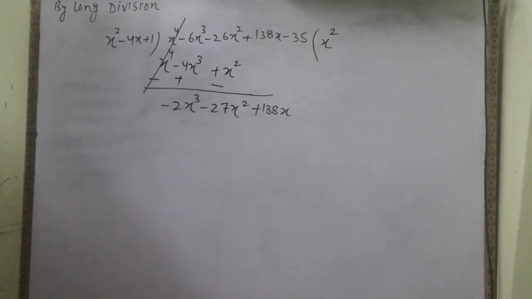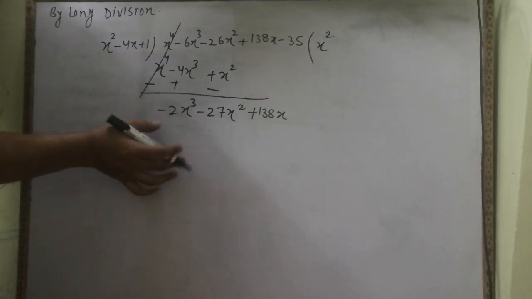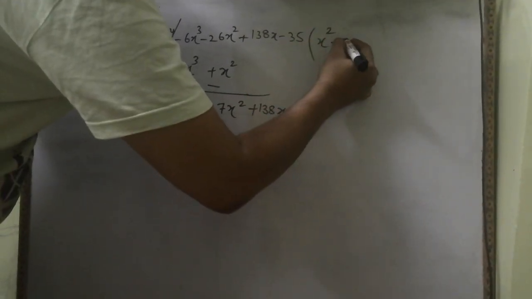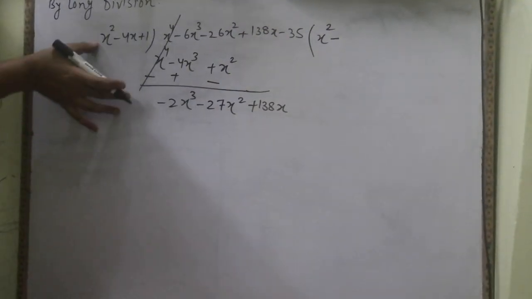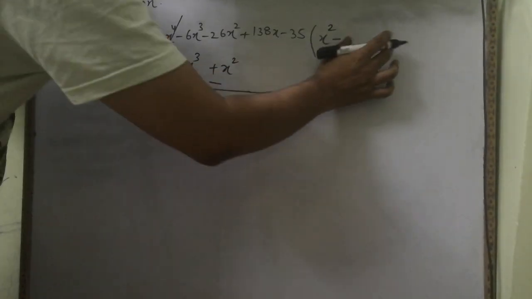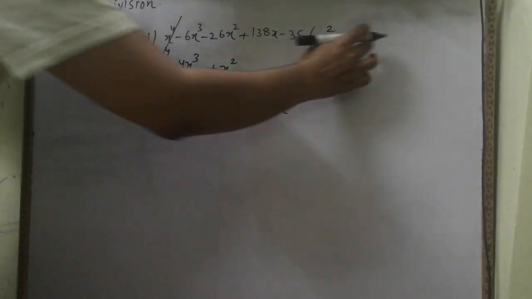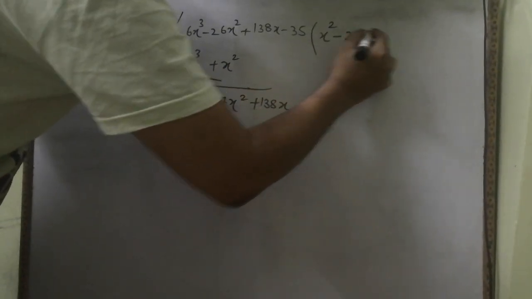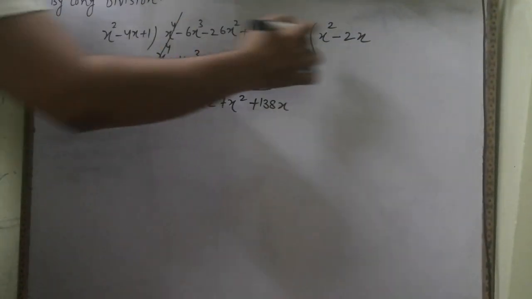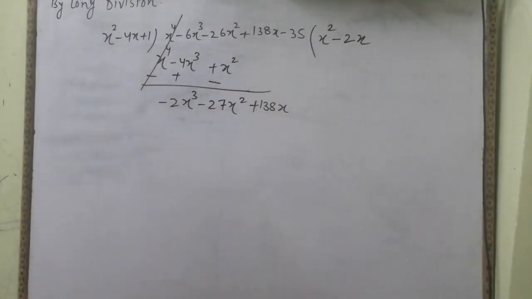Now a minus sign is there, so first put minus, then 2 is not there, so the missing term, 2, will be written here. Now put x, then the power of x: 3 minus 2 is 1, so we do not write the power 1.